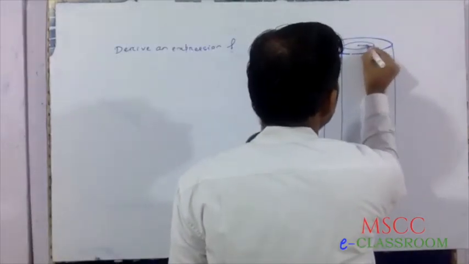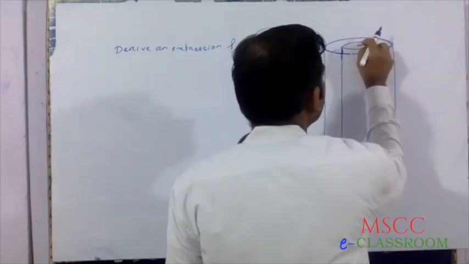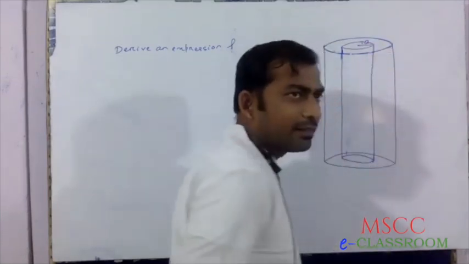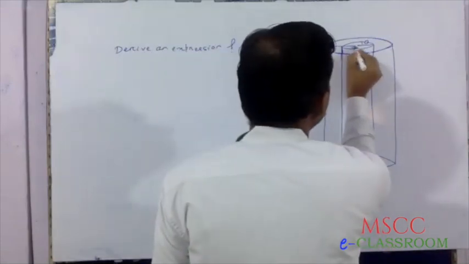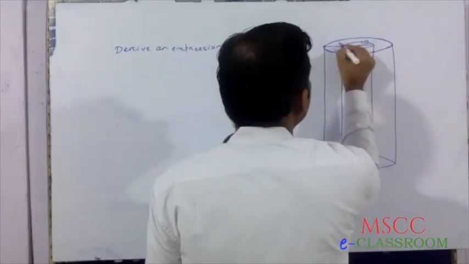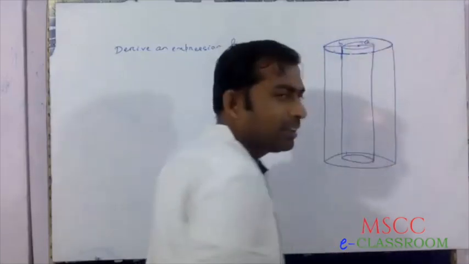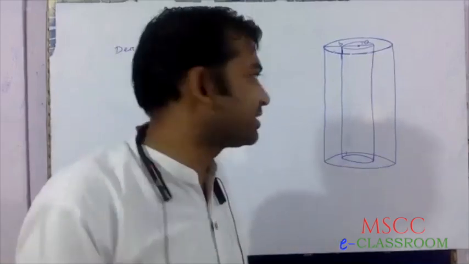This is the inner radius, suppose small a, and the outer radius, small b. Inner cylinder, inner radius; outer cylinder, outer radius.